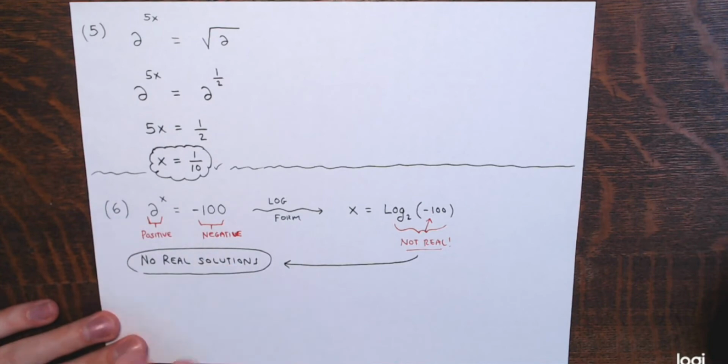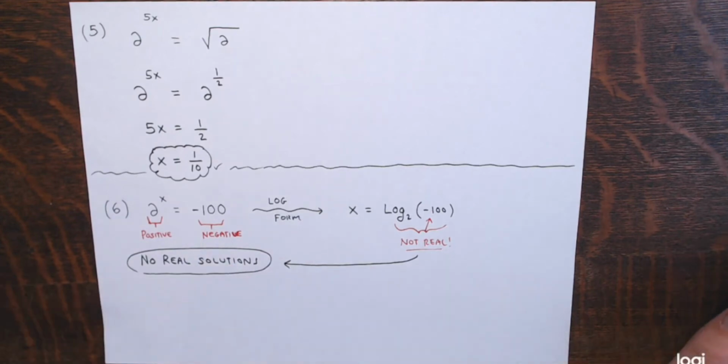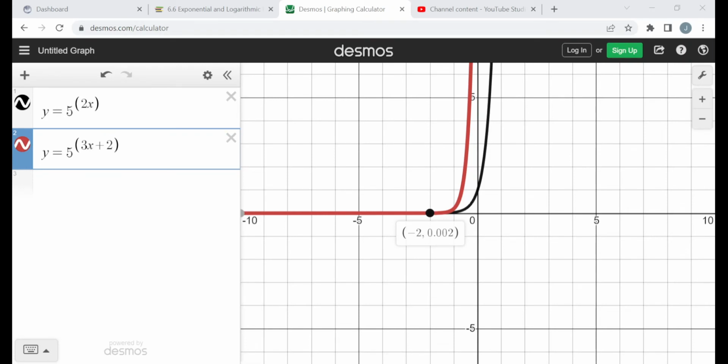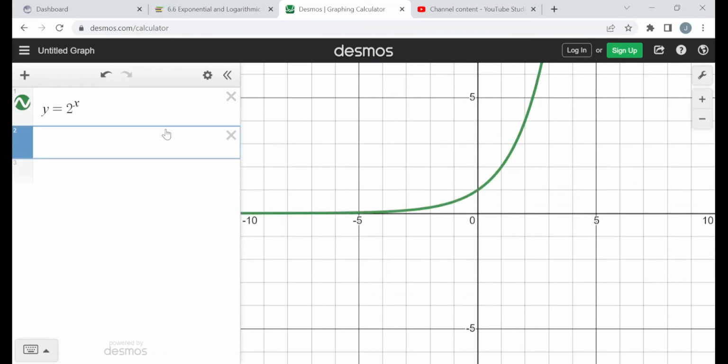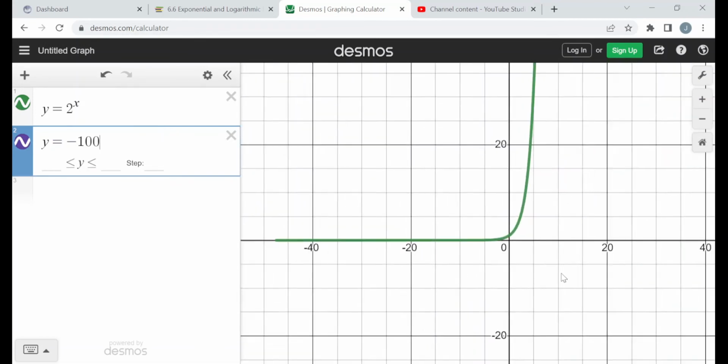And one other way to see this is also with the graphing. If I were to graph both sides as a function, left side y equals 2 to the x, right side y equals negative 100. You're not seeing it here because I have to zoom quite a bit out.